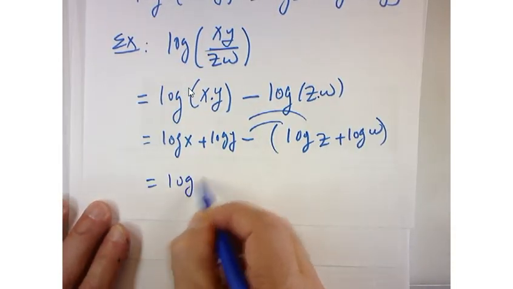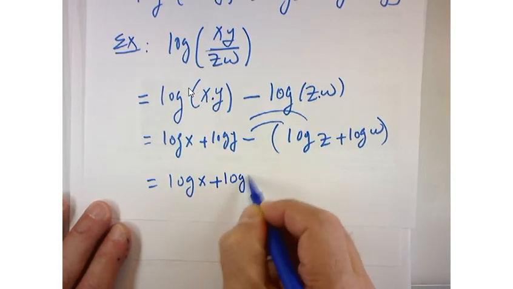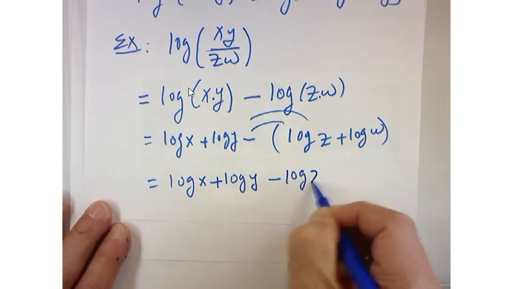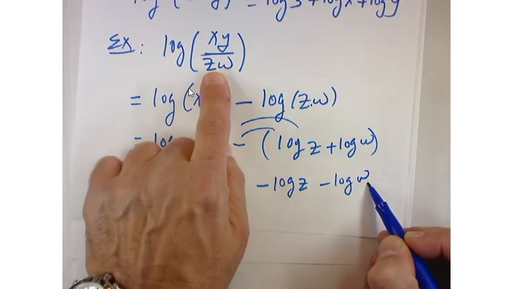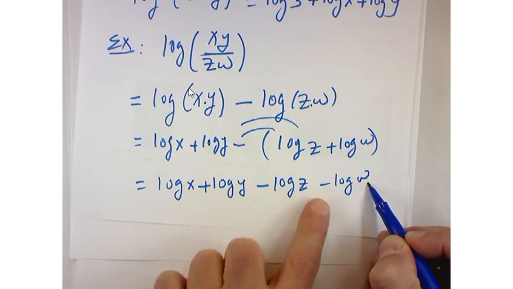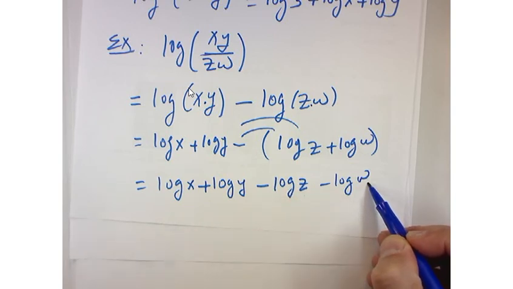So log of x plus log of y minus log of z minus log of w. And I don't know if you noticed, the z and w are denominators. They will have a negative in front of their logs. Always. That's always the case. Okay?